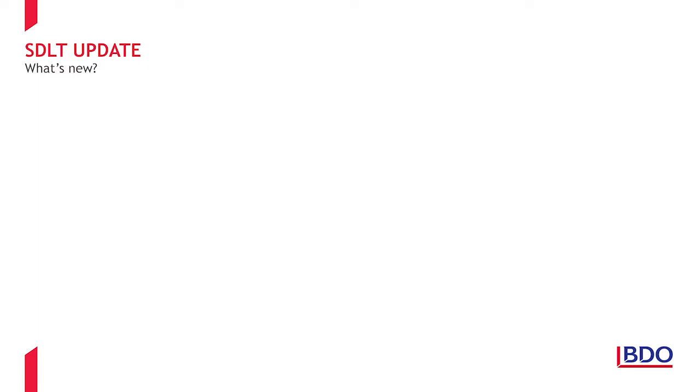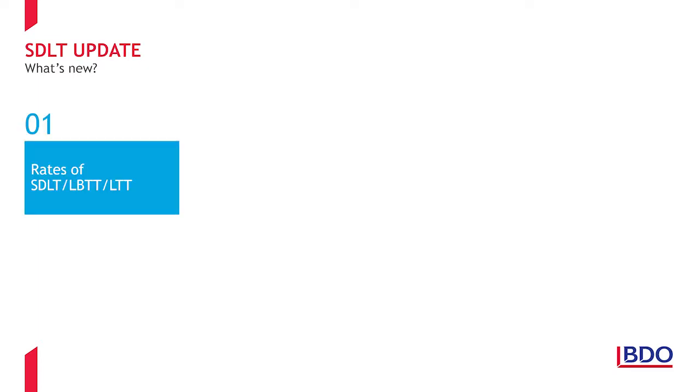Today we're going to look at what's new in SDLT. We now have 3 taxes where once there was just SDLT. We have Stamp Duty Land Tax in England and Northern Ireland, Land and Buildings Transaction Tax in Scotland, and LTT in Wales.